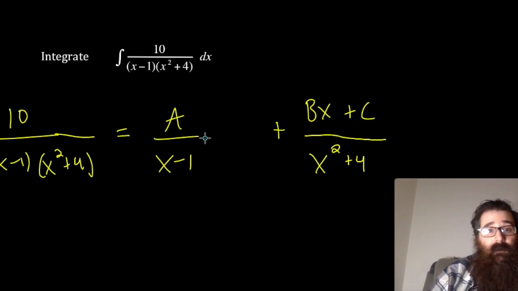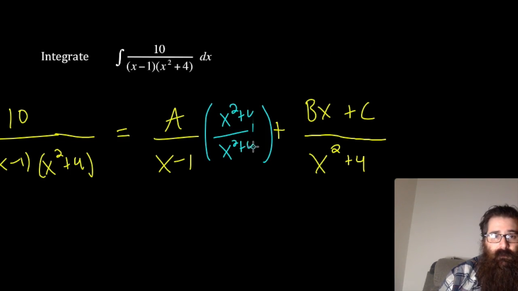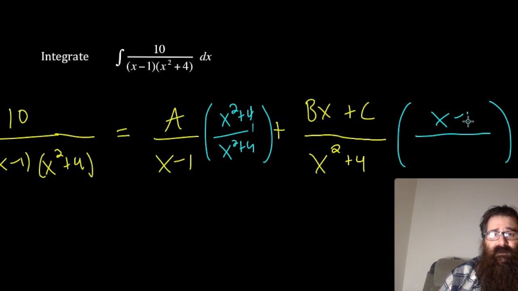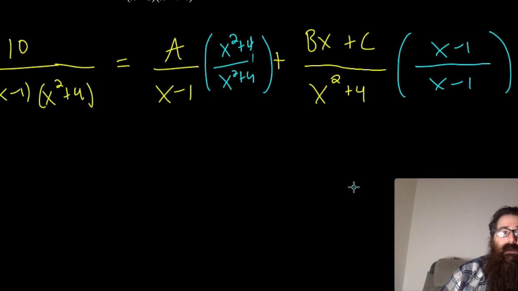Now I can work from here, same as always, right? I build back the common denominator. A over x minus 1 is missing x squared plus 4 over x squared plus 4. And the Bx plus C over x squared plus 4 is missing x minus 1 over x minus 1. Now we get that common denominator back. We focus on the numerators.